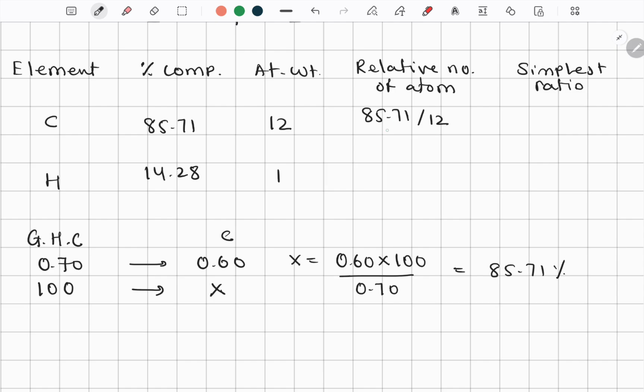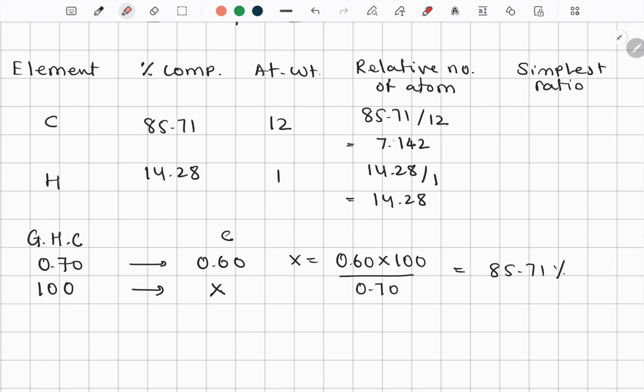So when I divide 85.71 by 12, I get 7.142, and when I divide 14.28 by 1, I get 14.28.